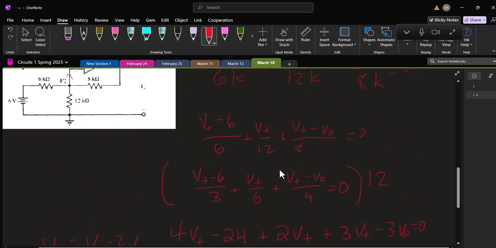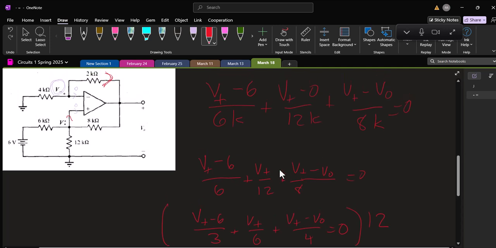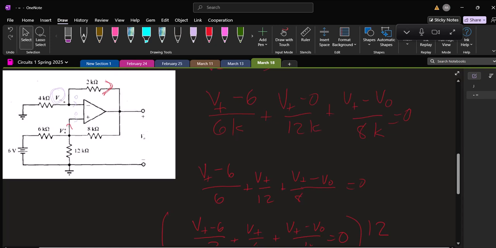Now, one thing that bothered me, and I looked it up to figure out why, is I don't know if this is going to happen on this circuit, but it does happen.